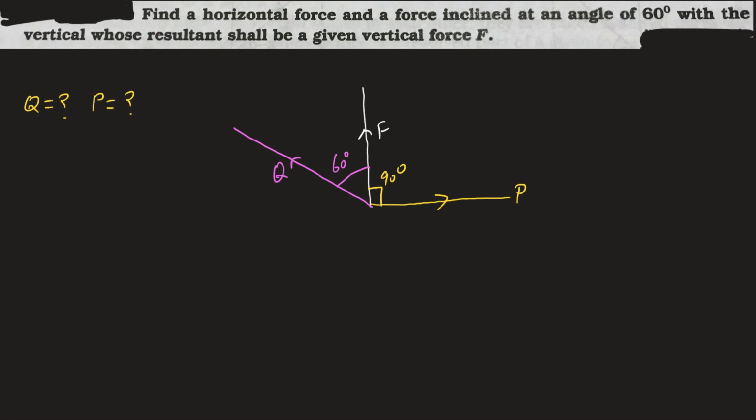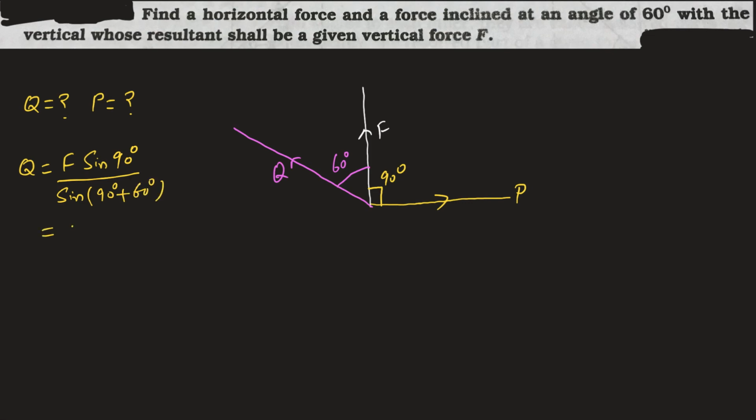So, using the formula we have studied in the last lecture and used in the last question also, we could easily find out the components Q and P. Here, let me find Q is equal to F sine of the other angle. Once again, Q, this one, then 60 degree is a prime angle and other angle is 90 degree. So, I shall be filling the blank with 90 degree, and the sum of the angles is 90 degree plus 60 degree.